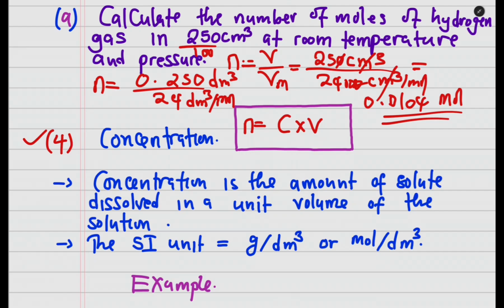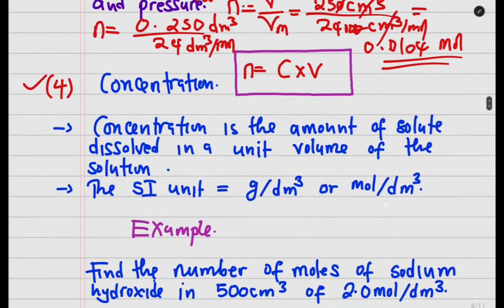At some point, we are going to look at dilution and all that. But for a moment, since we are calculating number of moles, we can look at this on the surface. The SI unit of concentration, I've seen a question where you're asked to define concentration first in an exam.